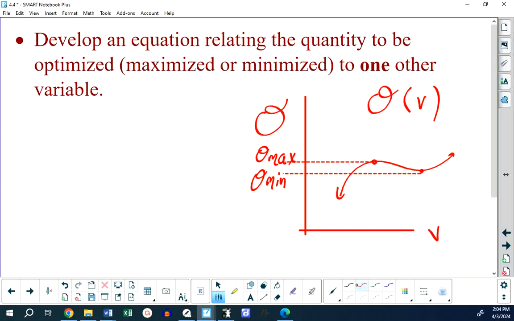It will be how to cut a piece of wire in some way to create two shapes that have the most area, and how would you cut it so that you have two shapes that have the least area. But the bottom line is both of these points correspond to critical values of x, well, critical values of v, but you get my drift.